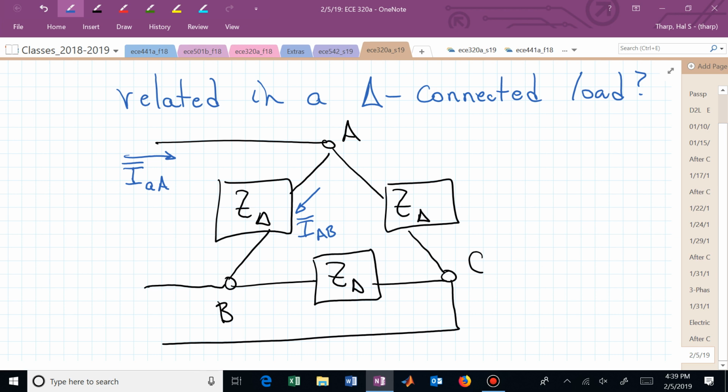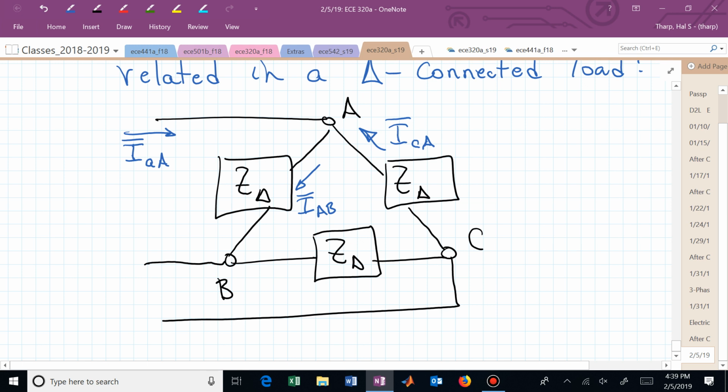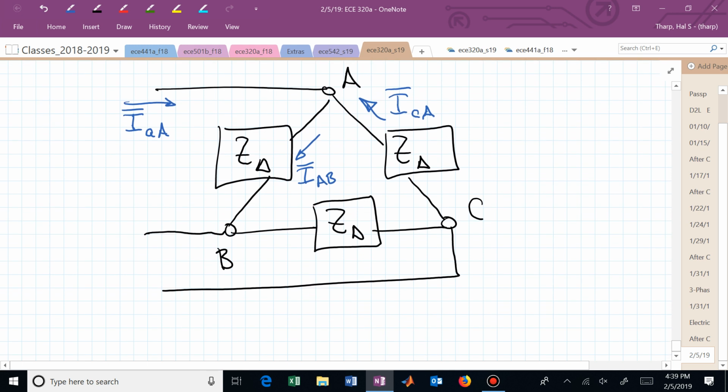But I sub AA is made up of more than just I sub AB. It also has this current making it up because of KCL, and this current is I sub CA. Now, if we just wrote KCL at the A terminal, what would the expression be?